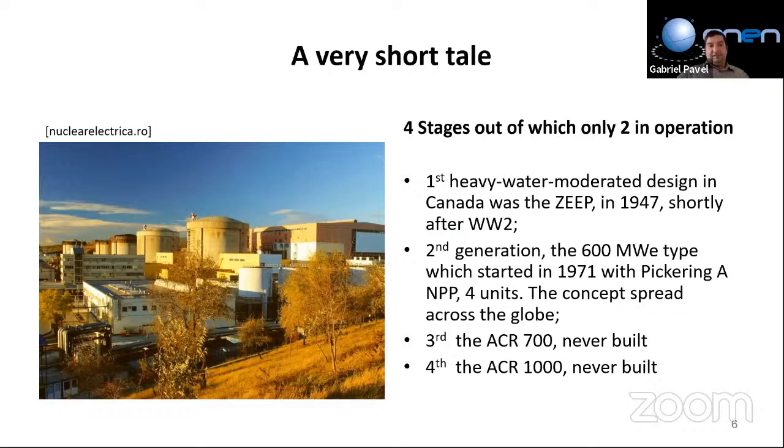After this first generation, as a normal follow-up, the second generation of the CANDU type reactors appeared. This is the 600 megawatt electrical reactor, where the first unit, Pickering A, was connected to the grid in 1971.